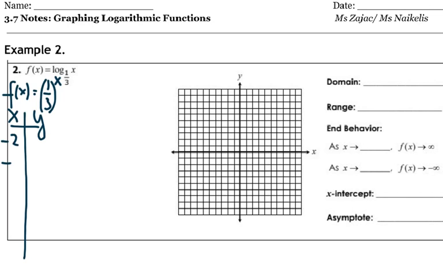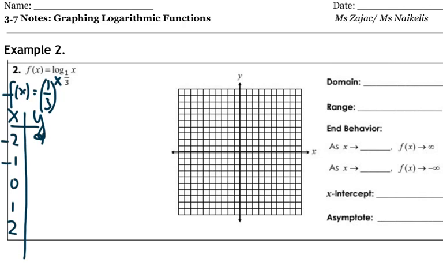Let's pick -2, -1, 0, 1, 2. When we plug in -2 instead of x, it's going to come out 1 over 3 to the power of -2. So we need to switch the fraction, and we have 3 squared, which is 9.